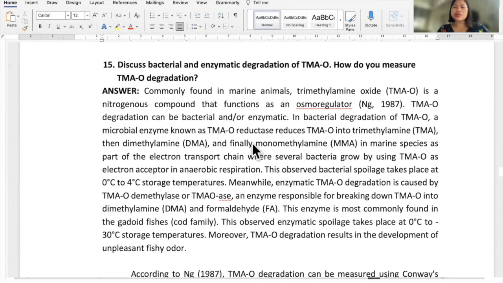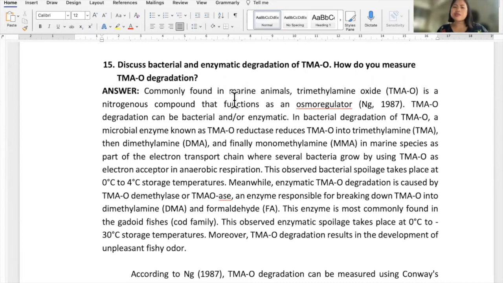Take note also that bacterial degradation of TMAO takes place at chilled conditions, while enzymatic spoilage takes place when you keep your fish at 0 to negative 30 degrees Celsius. So the temperature is lower for the enzymatic.